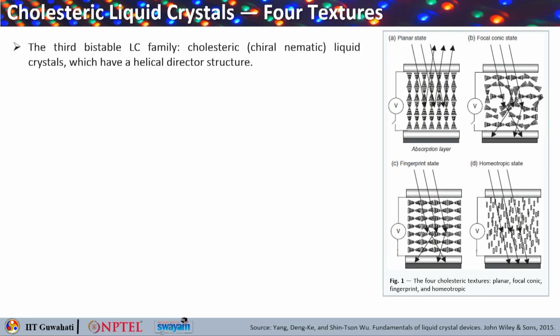So here we'll talk about the cholesteric liquid crystals. The transition to a third distinct bistability mechanism will be discussed here. So this is the third bistable liquid crystal family.